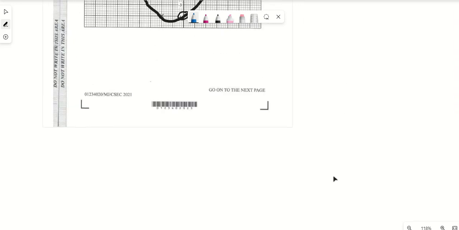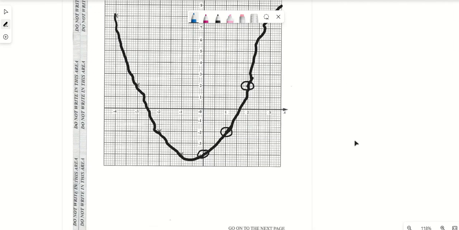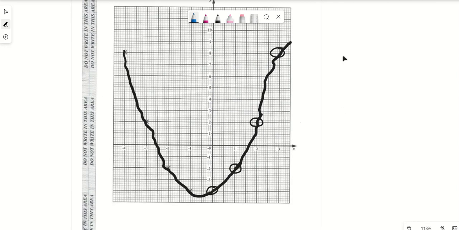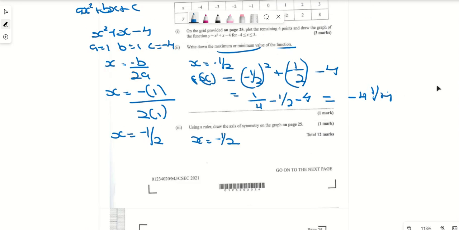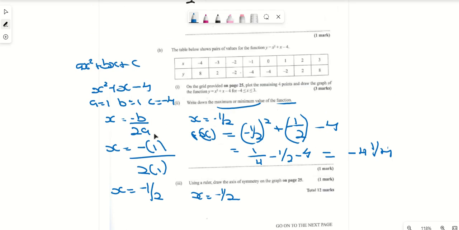But if you don't think you drew your graph properly, or you don't think that your graph is drawn neatly and you're not confident that you could find your minimum or maximum point from it, you can always just find your axis of symmetry, which is the formula you have to remember, minus b over 2a, right? And then you just find out what a, b, and c are in your quadratic and put in the values.